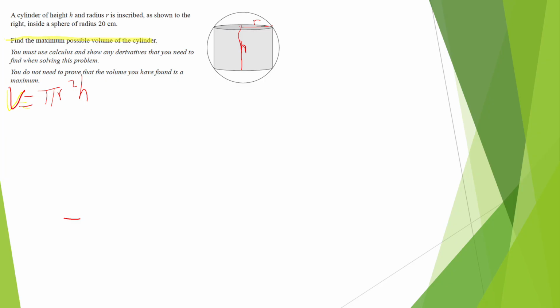Because the shape we have is a cylinder, and as I said, with those three circular shapes, cylinder, cone or sphere, you will always have to think of one of these being useful for you: trig ratio, Pythagoras, or similar triangles.